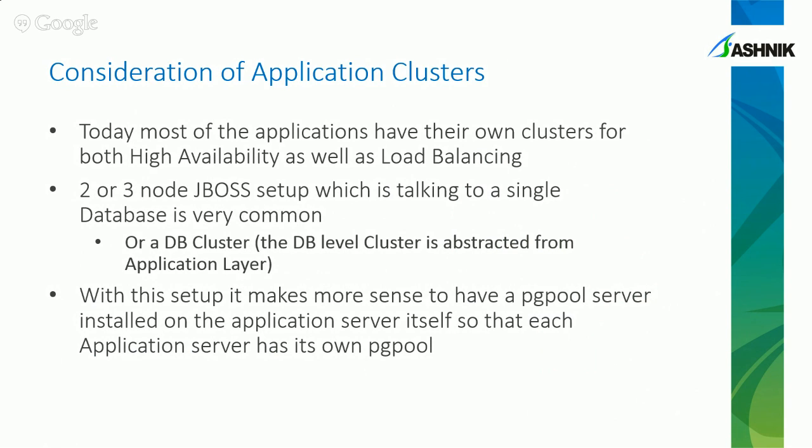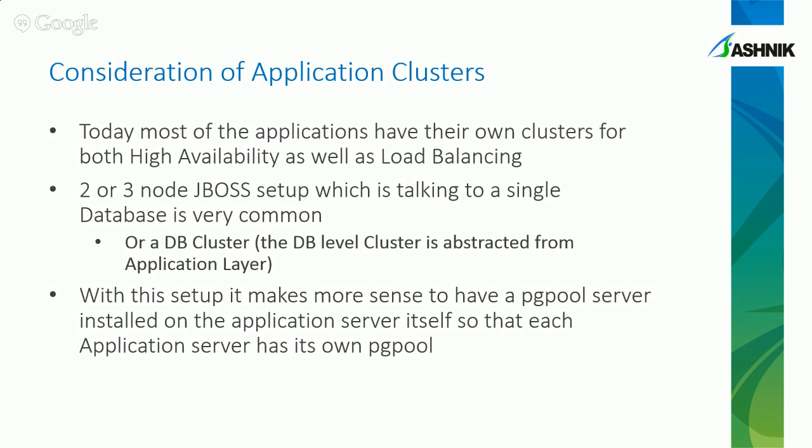A 2 or 3 node JBoss cluster is a very common setup these days, which is talking to a single database or a database cluster, which means it has got 2 databases in that cluster, or more. So we realized that why don't we combine this high availability with the high availability which we are trying to achieve at the database level.